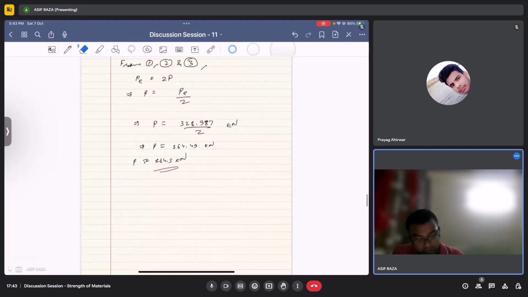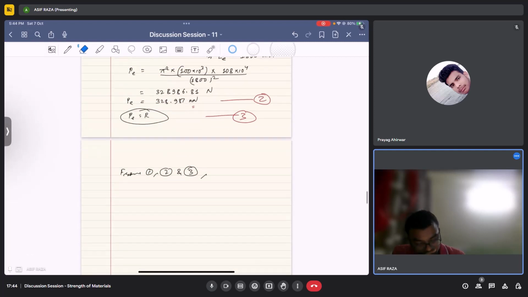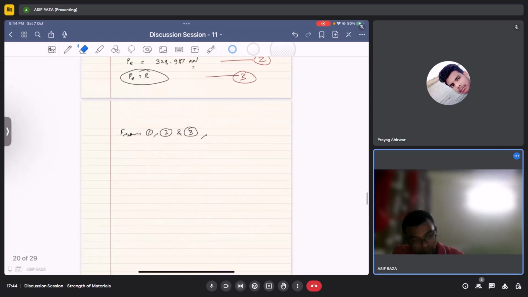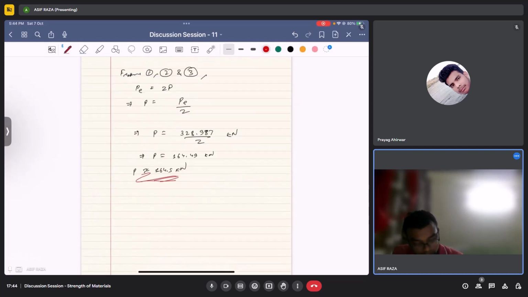So I can write safe P would be 164.49 upon factor of safety, that is 164.49 upon 2.5.